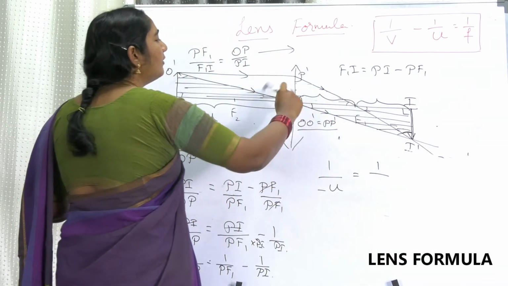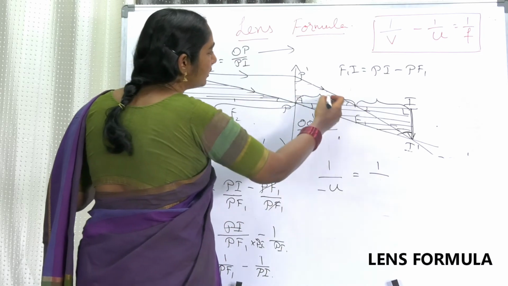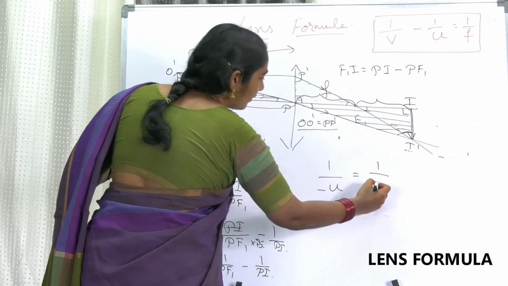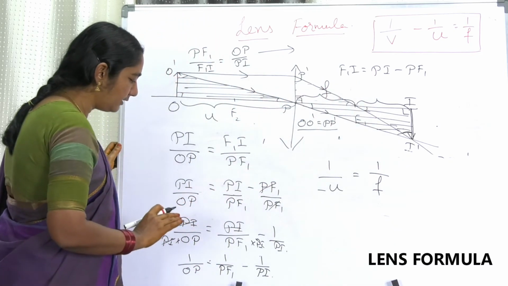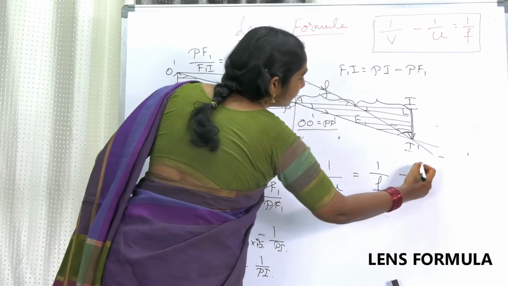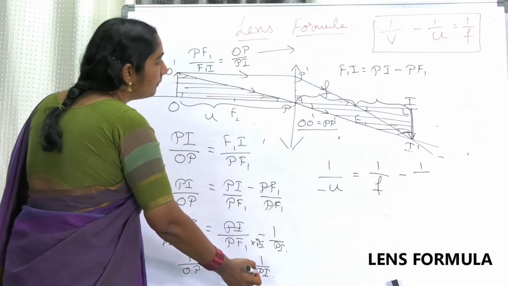For this side of the curvature, this side will be the focal length. So this is a focal length. So 1 by F, it is positive because we are taking in the direction of the light, minus 1 by Pi.